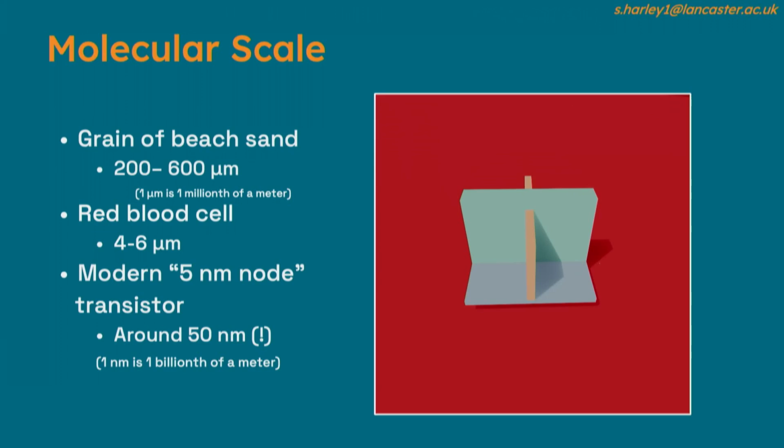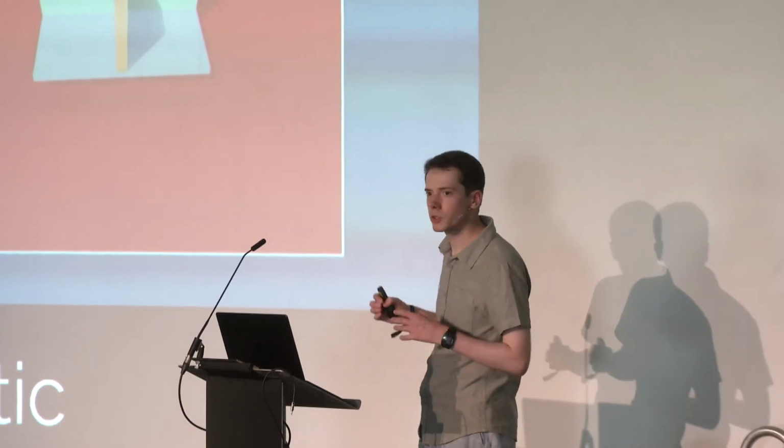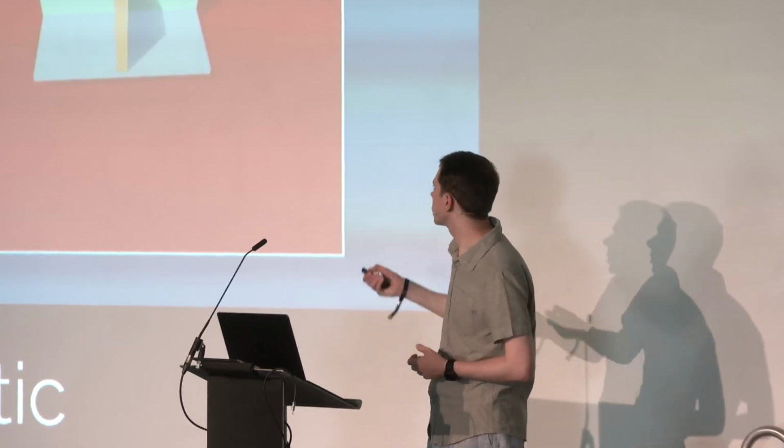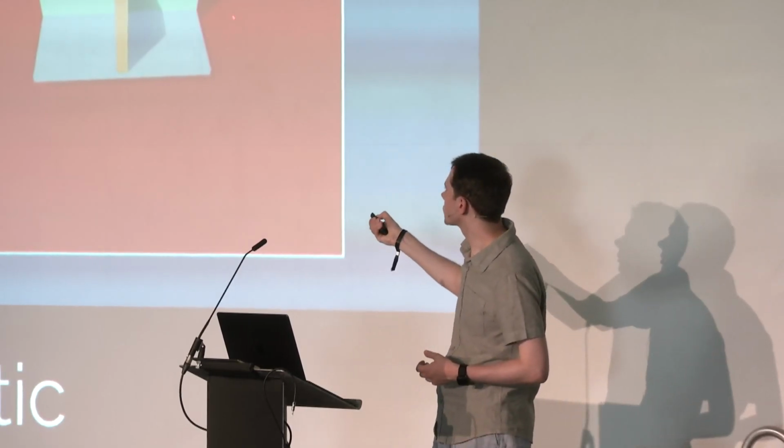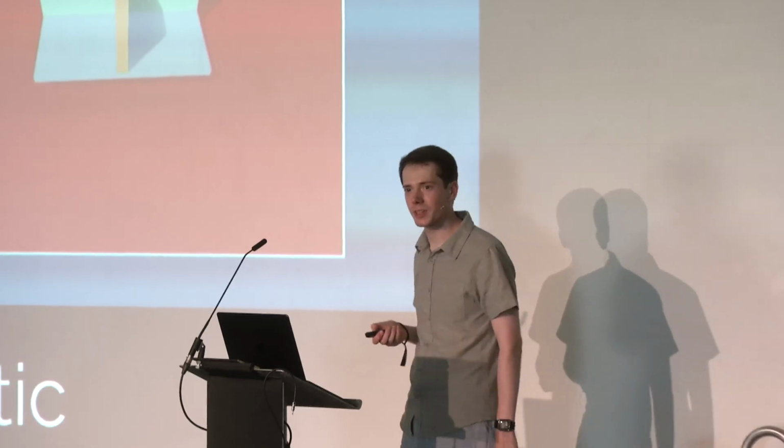But we make these the same way we humans have always made everything, which is we take a block of material and we take stuff away to leave behind the shape that we want. But nature has a different way of making these things. As we reach the length scales where we're being limited by these processes, maybe we can look for a different approach. And you might be able to see an even smaller dot now on the side of that transistor.